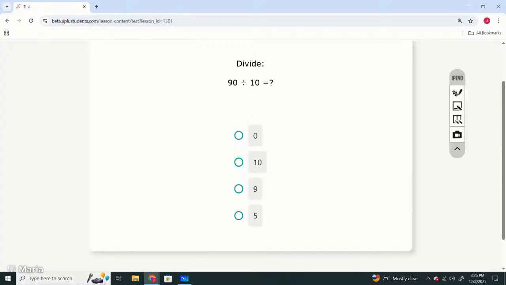Okay, 90 divided by 10. You need to count a table of 10 until 90. So, which is the correct option? So, 10 times what number is 90? You need to skip count by tens, right?